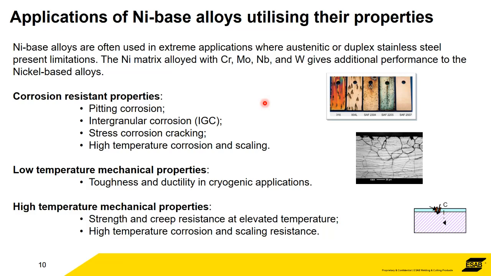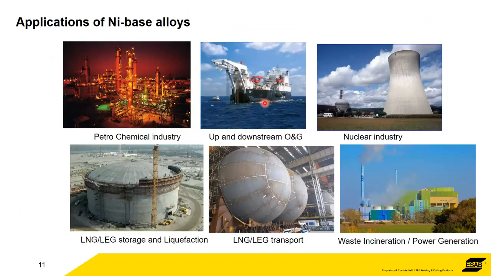Then low temperature, cryogenic applications. The mechanisms that lock everything together at high temperature still work at low temperatures, which is why we use nickel alloys for very severe cryogenic applications. And then high temperature strength and creep resistance. Those are the main reasons why we use the nickel alloys.